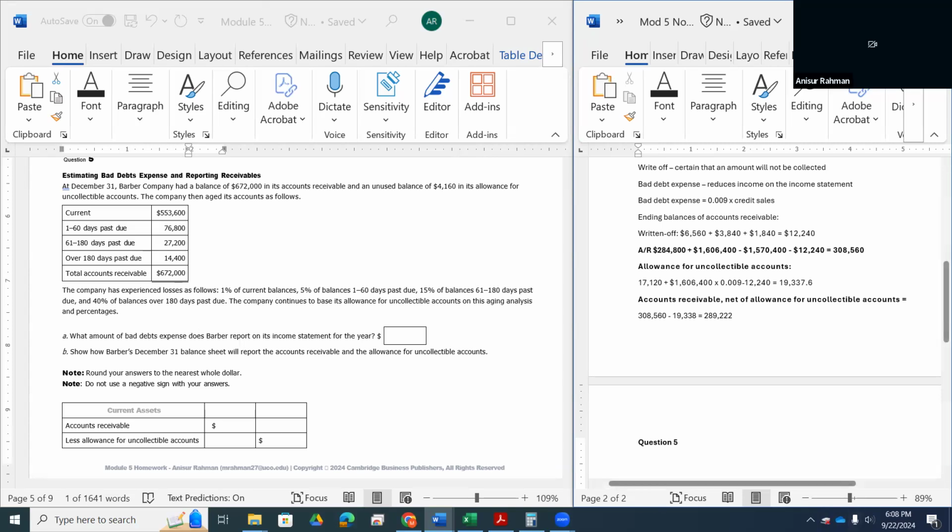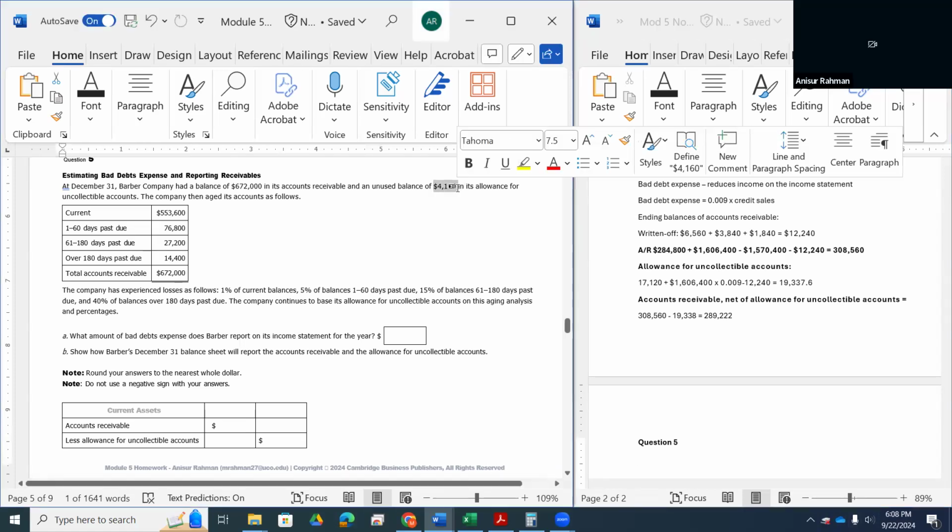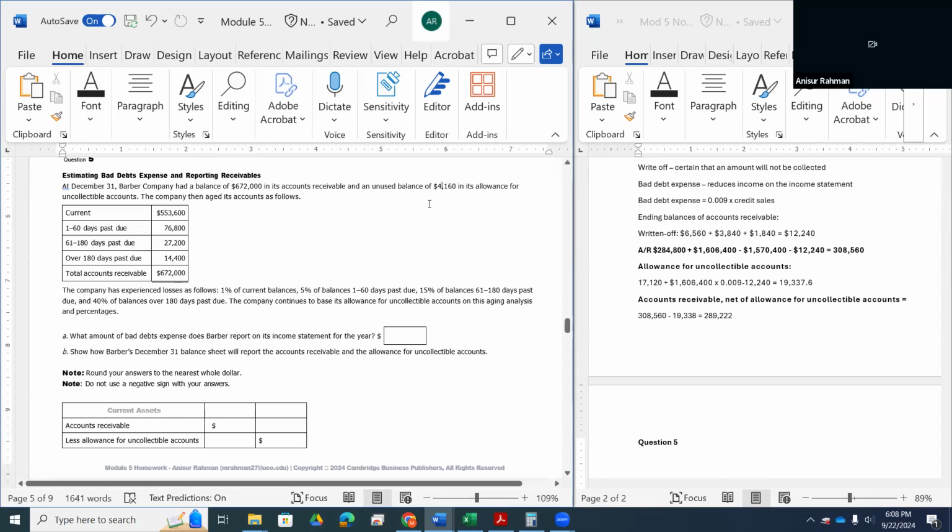So we have to keep in mind that we have an unused balance of 4,160. What that means is our expenses in the next period need to go down by this amount, because our actual expenses were lower than the allowance we created for uncollectible accounts. So we have subtracted too much bad debt expense.